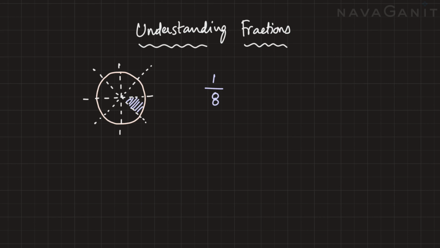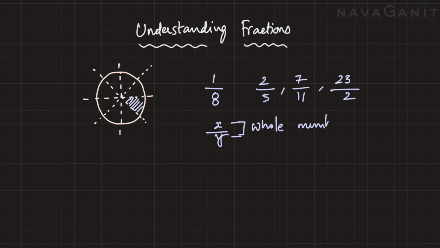So similarly, 2 by 5 would be a fraction, 7 by 11 would be a fraction, even say 23 upon 2 would be a fraction. So basically a fraction is any number which can be written in the form of x by y, where x and y are whole numbers, and wherein y is not equal to 0.